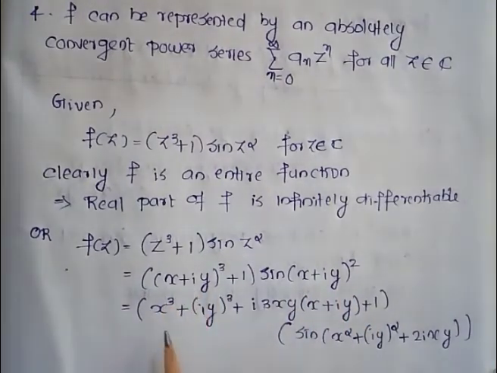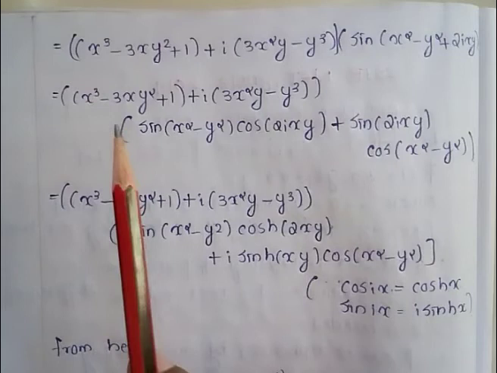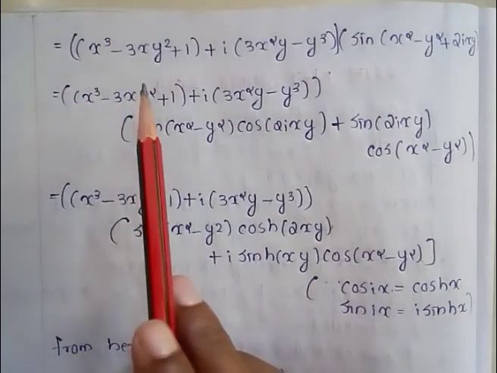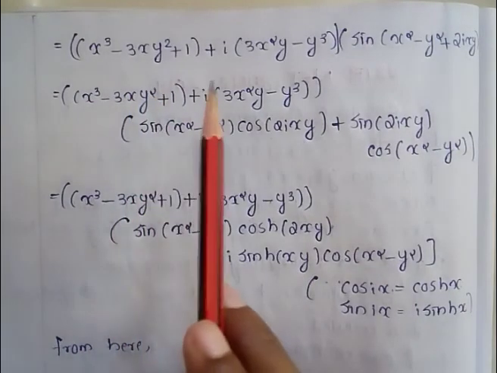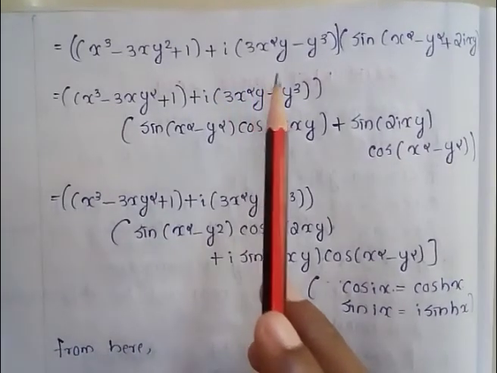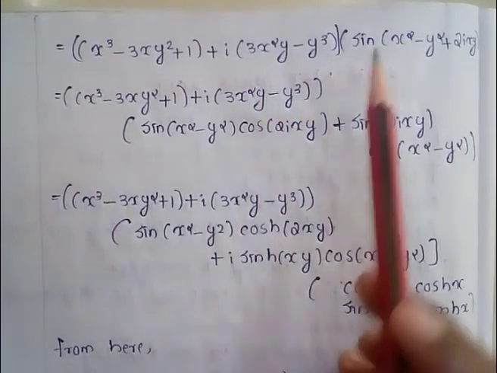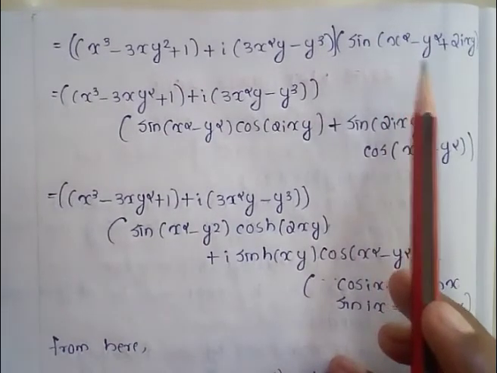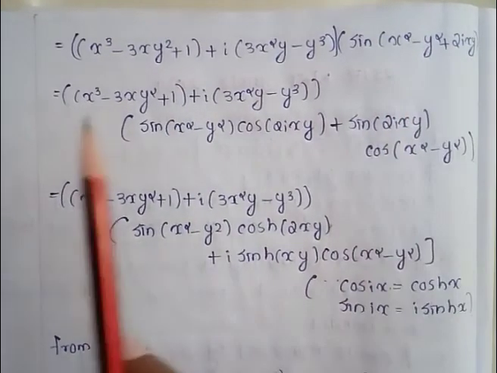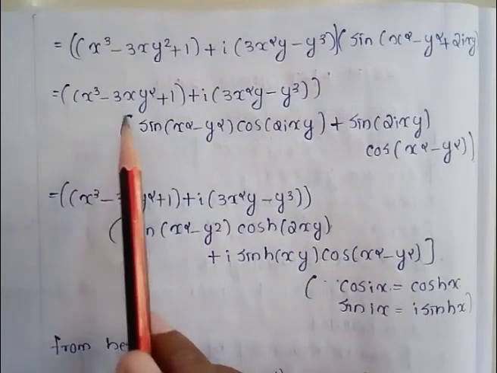While expanding this we get (x^3 + (iy)^3 + i·3xy(x + iy) + 1) sin(x^2 + (iy)^2 + 2ixy), which is equal to (x^3 - 3xy^2 + 1 + i(3x^2 y - y^3)) sin(x^2 - y^2 + 2ixy).